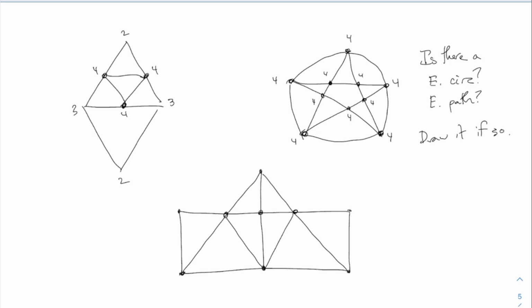They are all even except two. Yes. So it has a little path. Oh, yeah. Sorry, I mean that. You should draw it in if you can.